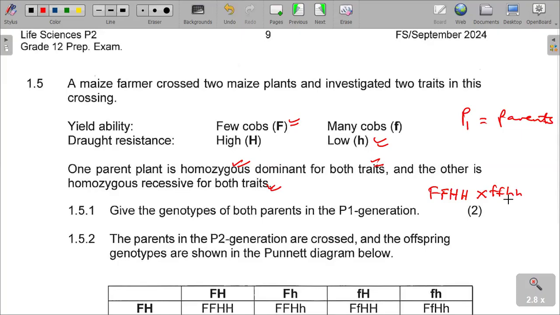That can be very correct, because these are the homozygous dominant and homozygous recessive. That is what the question wants you to give.